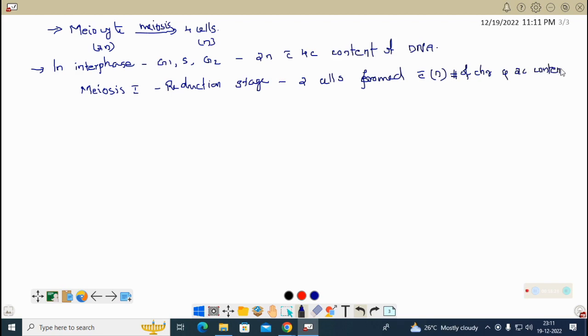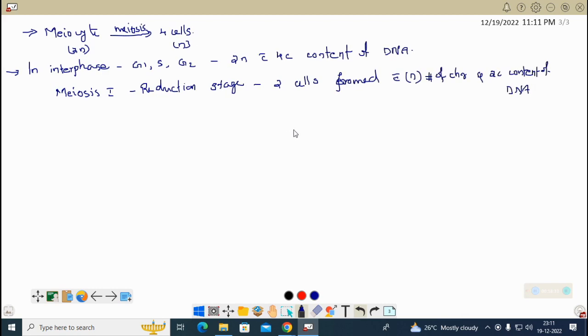We have studied already that for a haploid number of chromosomes there is no need of 2C content of DNA, only 1C is enough, and a diploid number of chromosomes needs 2C content of DNA. So here, the haploid number of chromosomes with 2C content of DNA has an excess of DNA present in it.